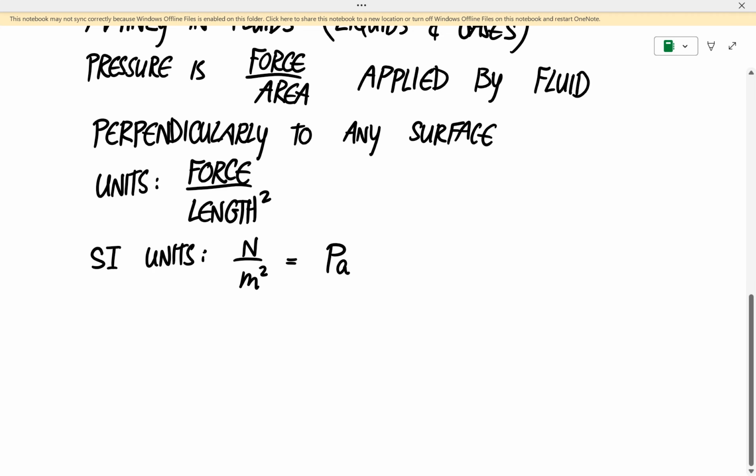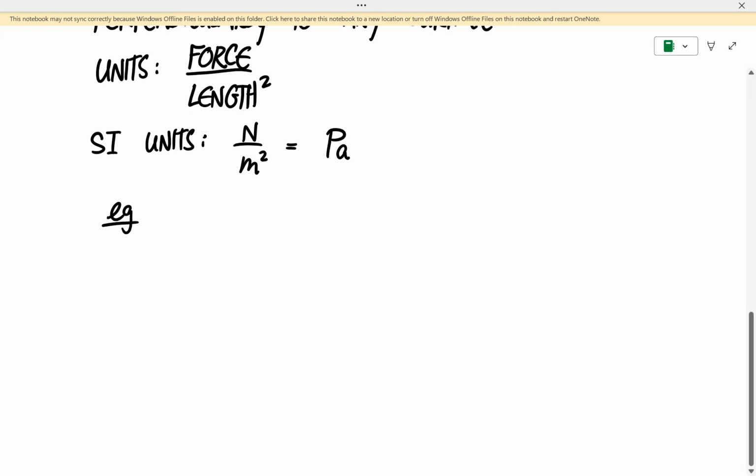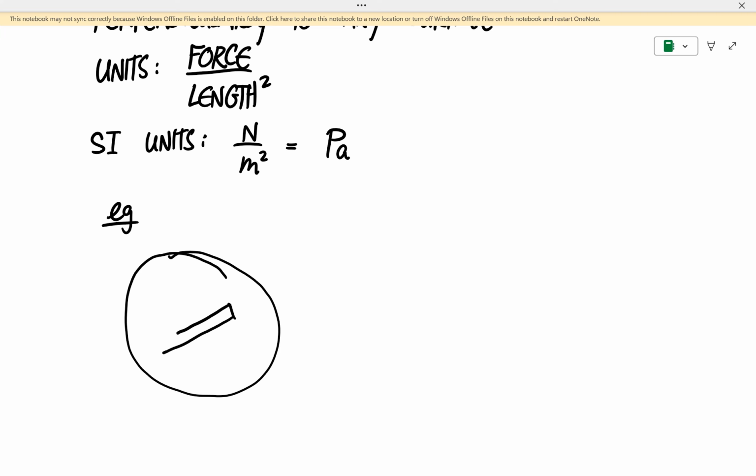So here is sort of how it works, relating pressure to forces. Let's say you have this pressure vessel, and inside there's this object, and this is all filled with a fluid.